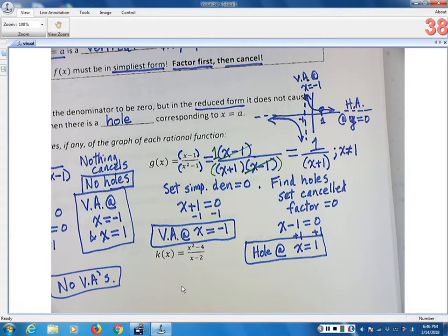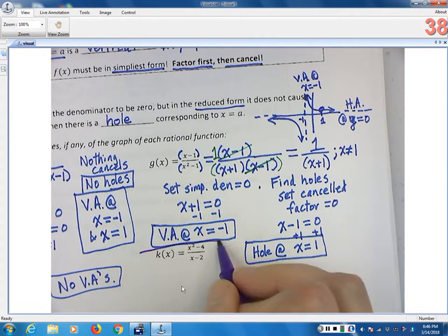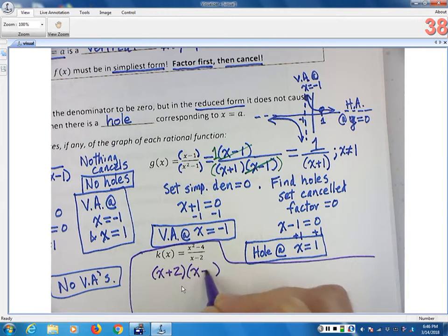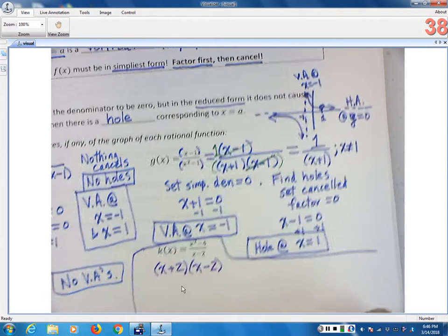Okay. We're going to factor this one. So k of x is x squared minus 4. X squared minus 4 factors into what? X plus 2, x minus 2. You should have that memorized. Am I too far down?